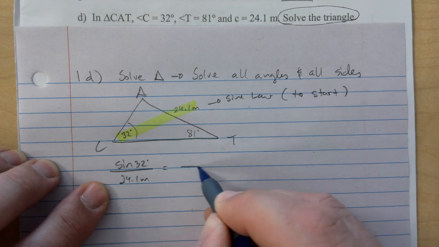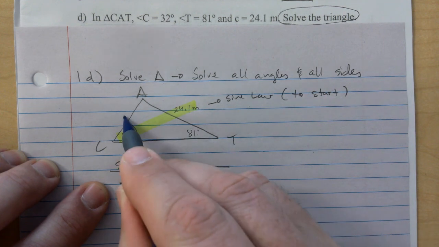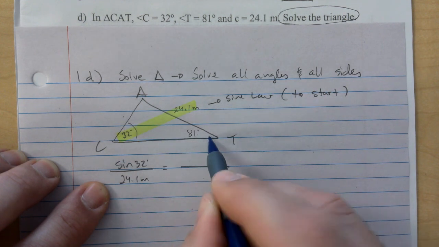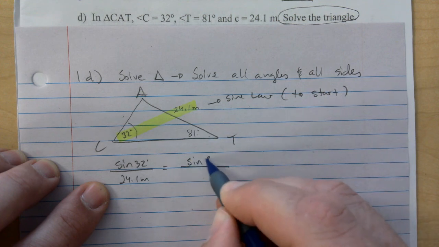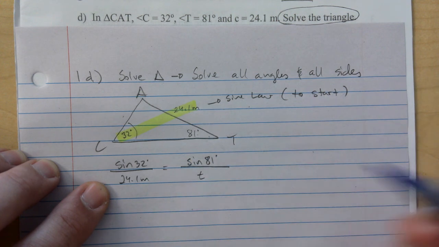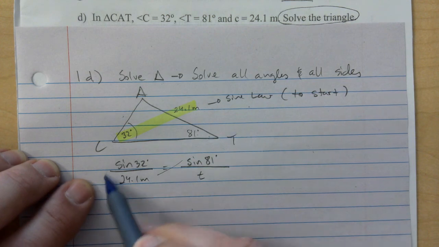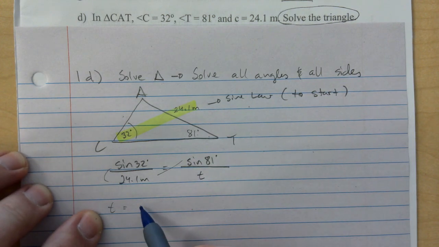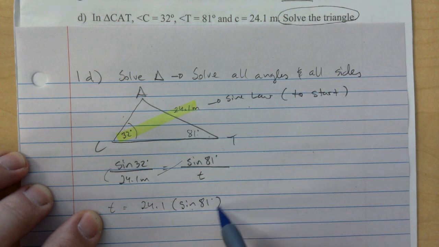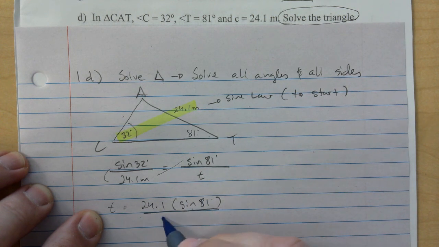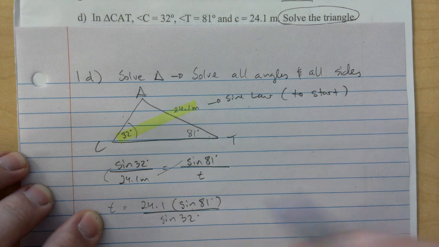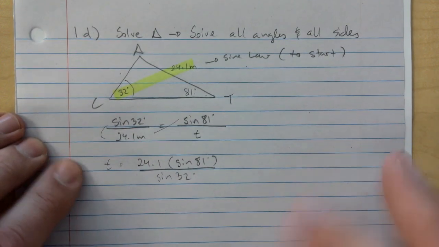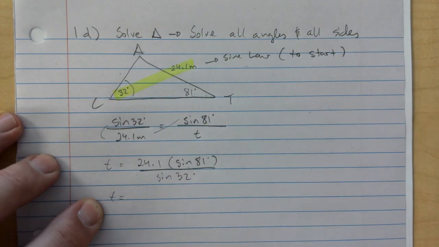The only thing that you can solve for is side t because you have the angle. So sine of 81 over side t, cross multiply and divide. t is 24.1 times sine of 81 over sine of 32. And then we'll solve for t there.